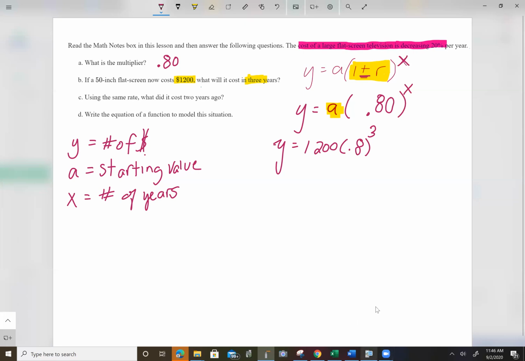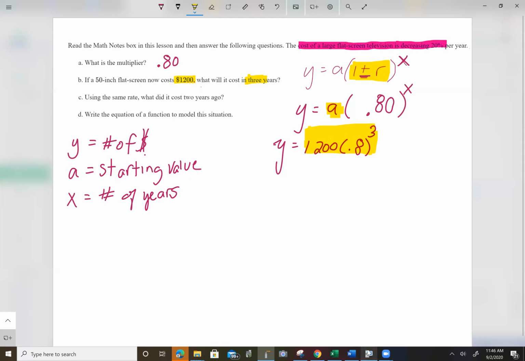So if we just put this into the calculator, just like this. And remember, if you're doing it by hand, you need to do that exponent first, order of operations, right?